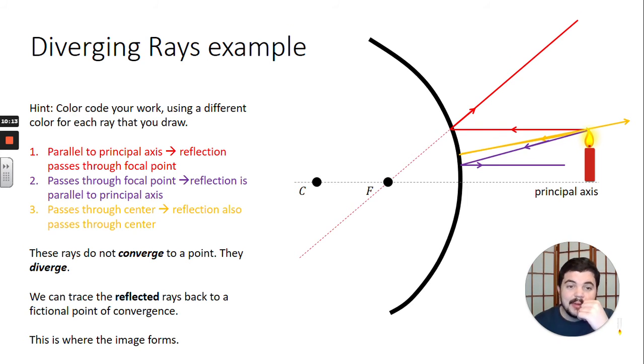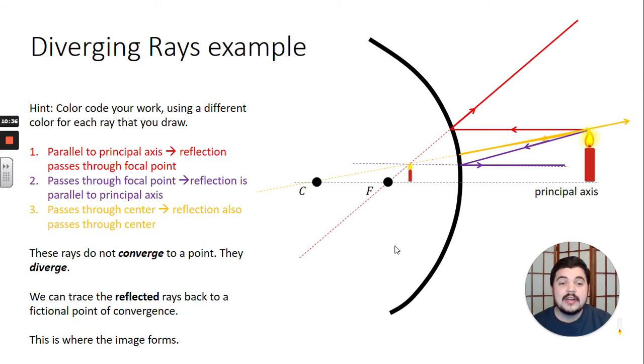For the red ray, we can trace it backwards behind the mirror. The purple ray, we can trace the reflected purple ray behind the mirror. Same with the yellow ray. And what you get is a point where it looks like these lines intersect. That's where our image is going to form.